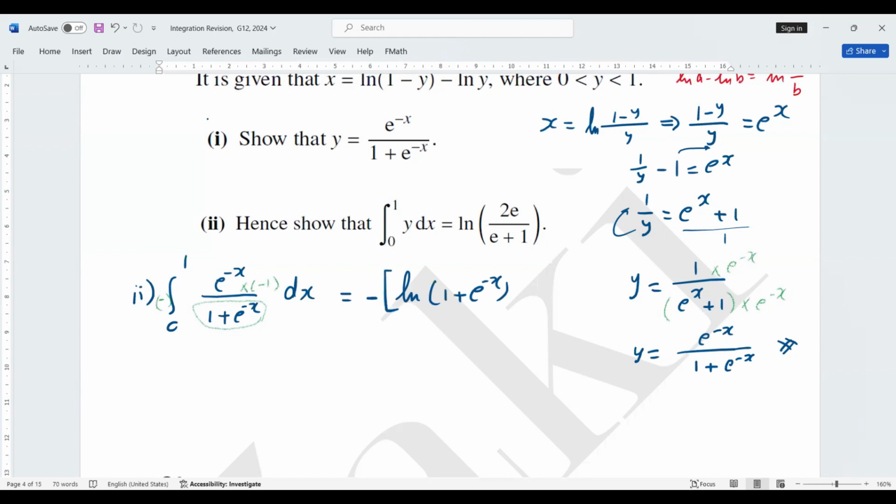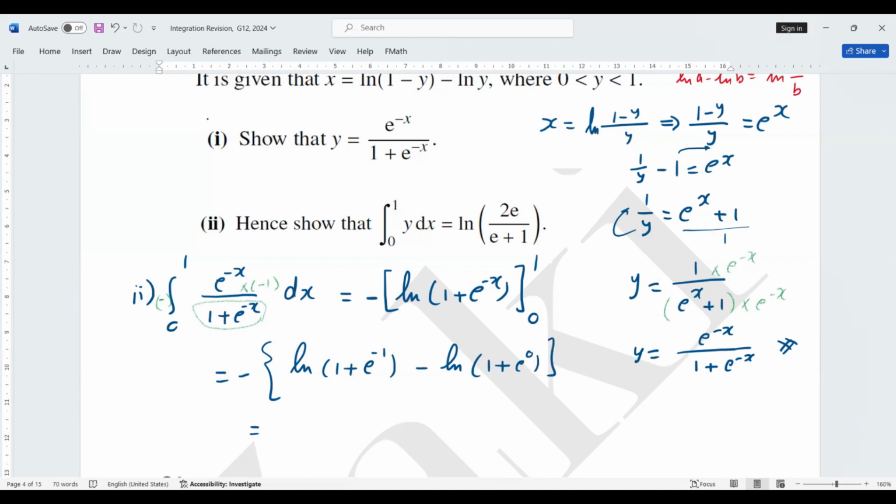And the limit, it's from 0 to 1. It's negative, replace x by 1, ln 1 plus e power negative 1 minus ln, replace x by 0, 1 plus e power 0, which is 1.